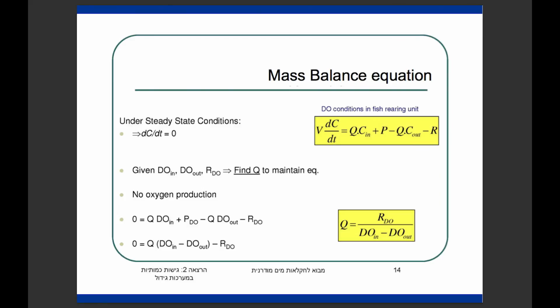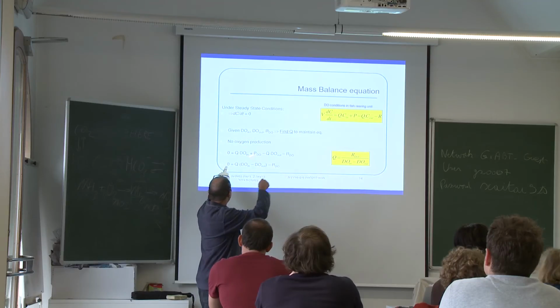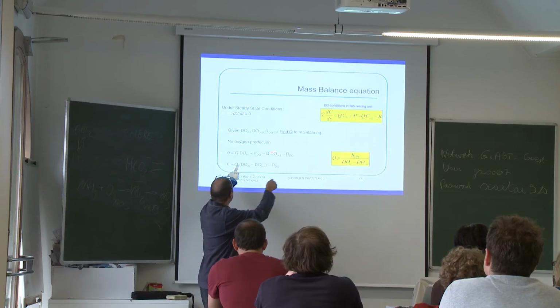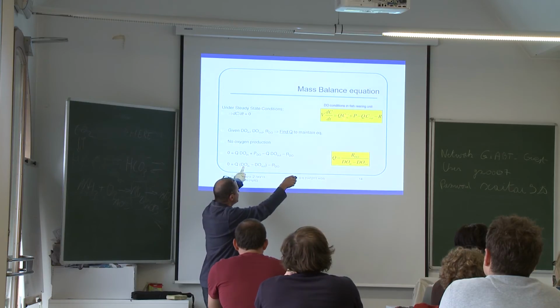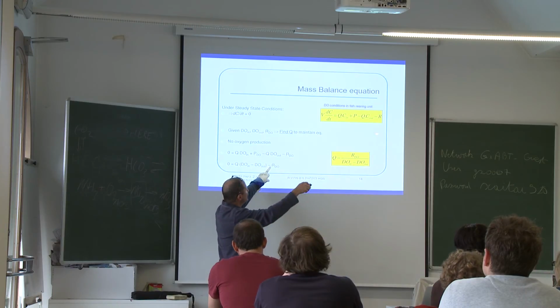Then if we rearrange this equation, it turns into this: if this is zero, you see we can take the Q out of the parentheses. So if we're looking at oxygen now, this is zero, Q is here, DO in minus DO out, minus whatever is removed.